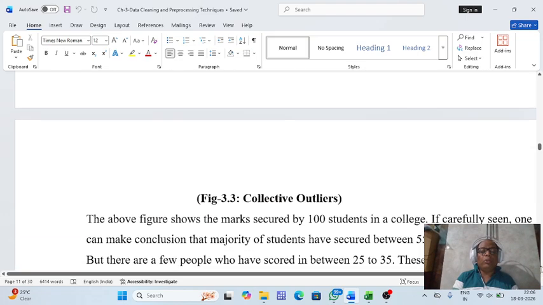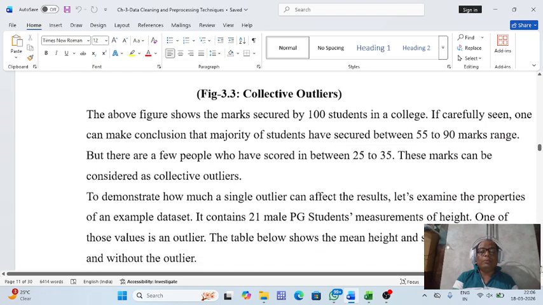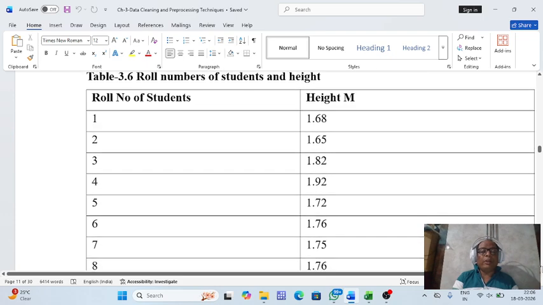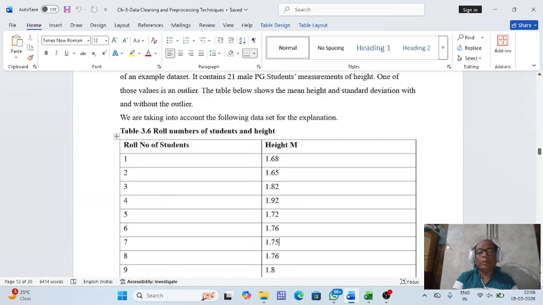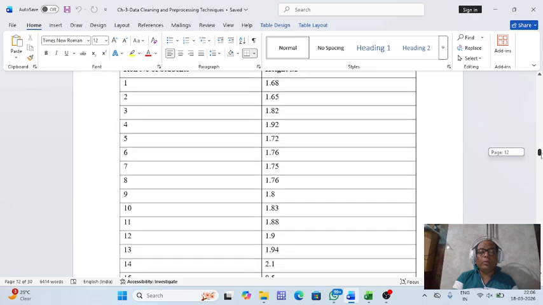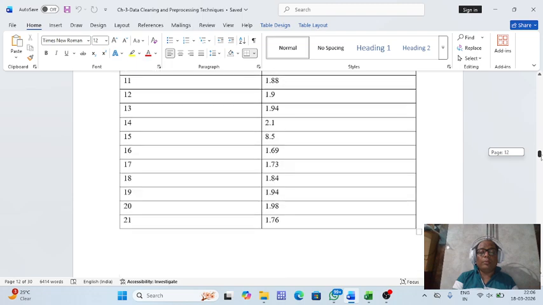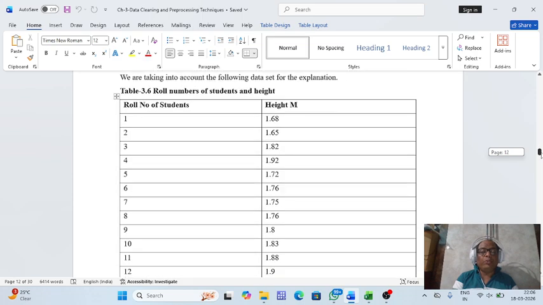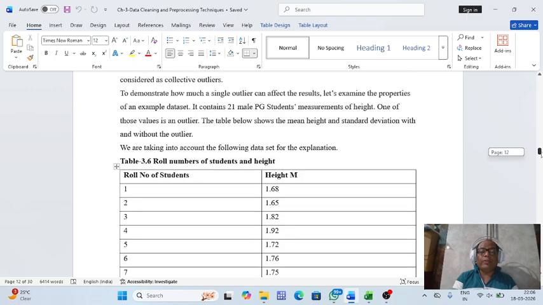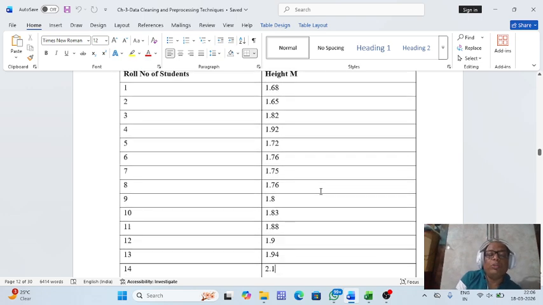Then I'll see here also the example that we're going to cite is this one. You can see that this is the height of students, roll numbers from 1 to 21, and height is given from 1.68 meter to 1.65 meter, 1.82 meter, like this.